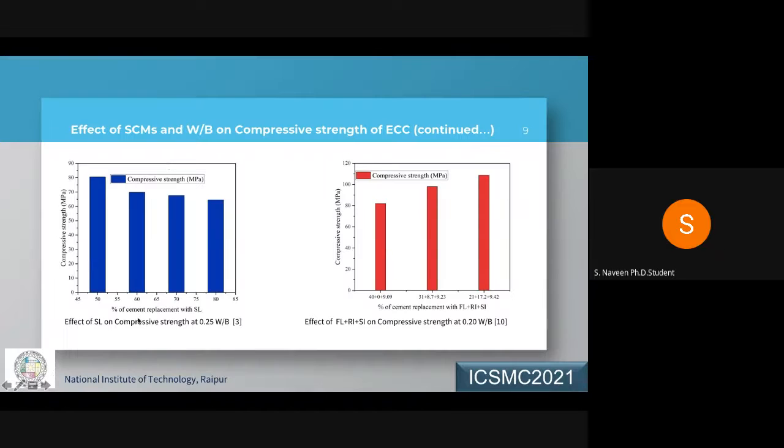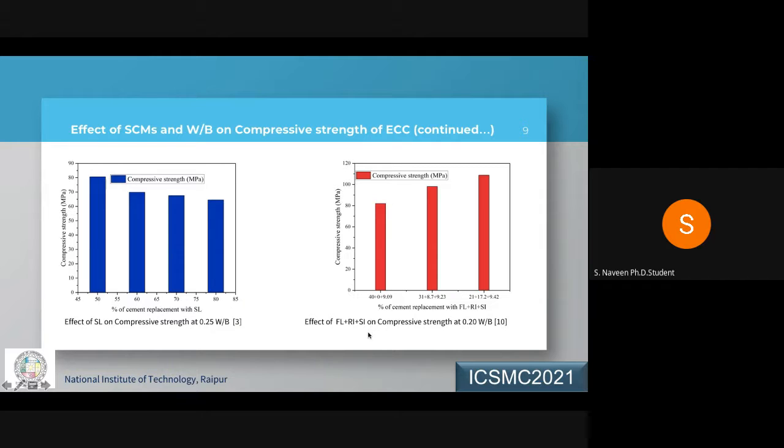And we can see in this picture how slag will affect the compressive strength of ECC. With increasing slag content as a replacement of cement, the strength of the ECC is reducing at constant water to binder ratio. And we can also see the ternary blends like fly ash, rice husk ash, and silica fume.